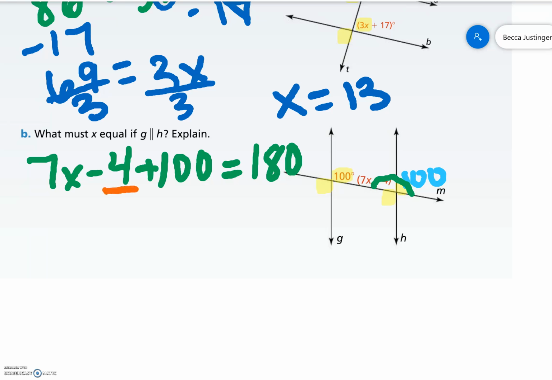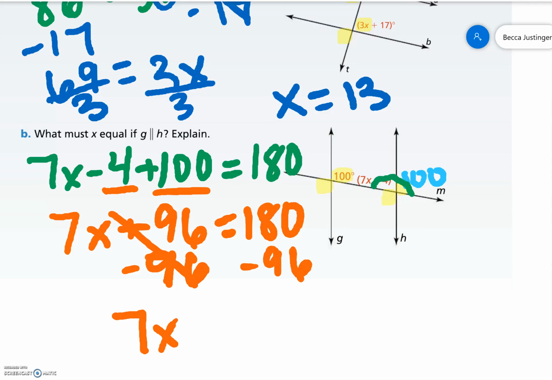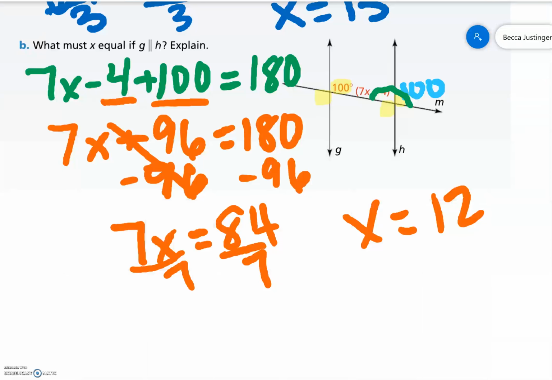Combining like terms, 7x plus 96 equals 180. Subtracting 96 from both sides, this cancels out. 7x equals 180 minus 96, which is 84. Divide both sides by 7. x must equal 12 for those to be parallel.